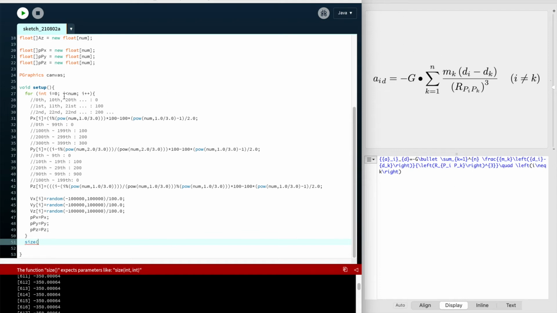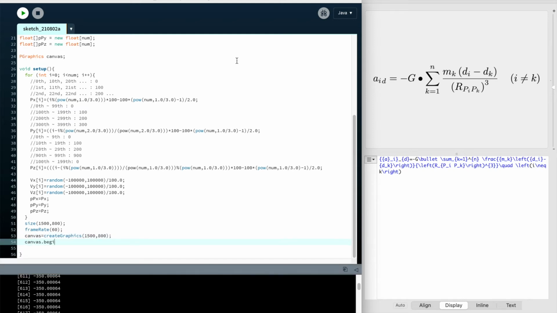Width here is going to be 1,500, and for the height, for now, I'll say 800. Size 1,500 by 800, frame rate 60, and the canvas equals create graphics, same size.